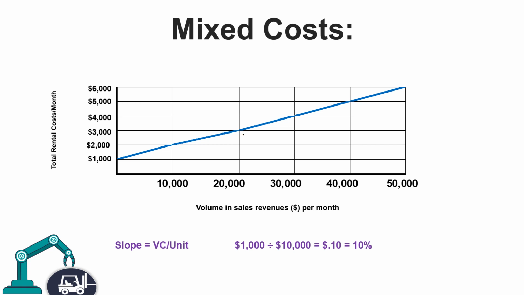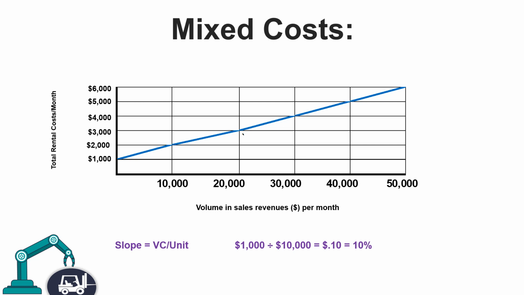But if we start to make sales out of our store, and in a particular month we make $10,000 of sales, then 10% of that, according to the contract in this example, we'd owe an additional $1,000. The total rental cost would be the base amount of $1,000, fixed amount, plus an additional $1,000 kicker, or $2,000.